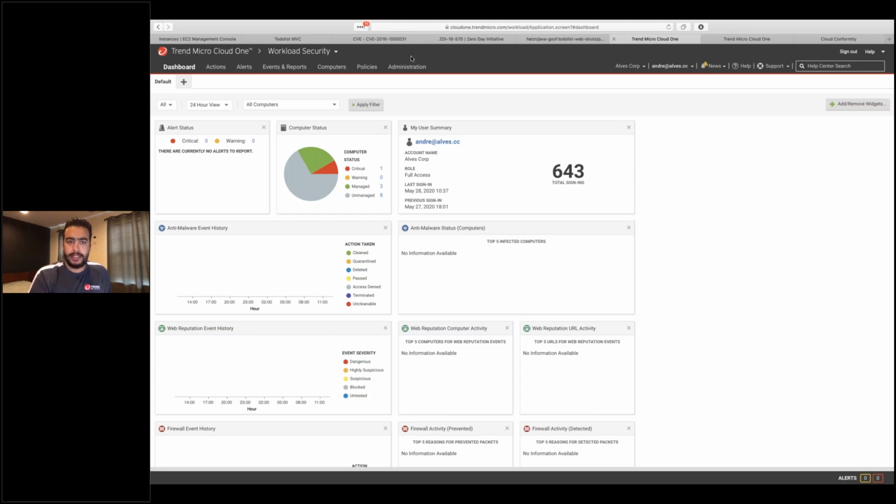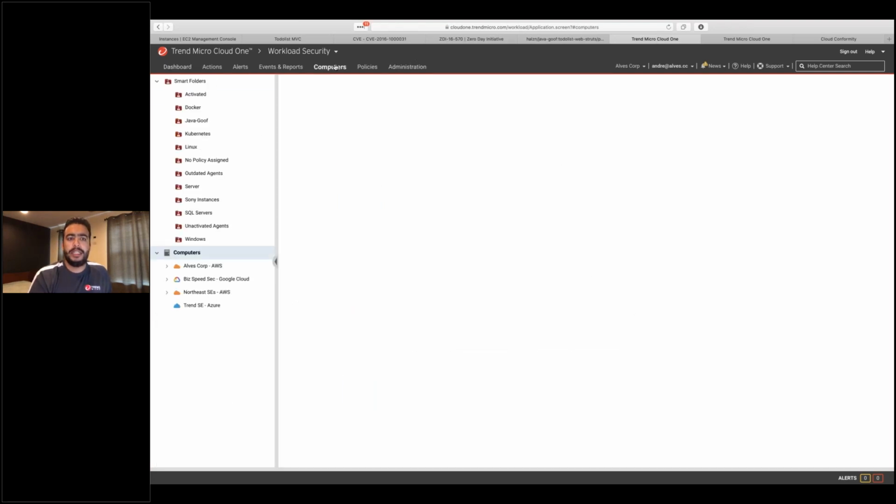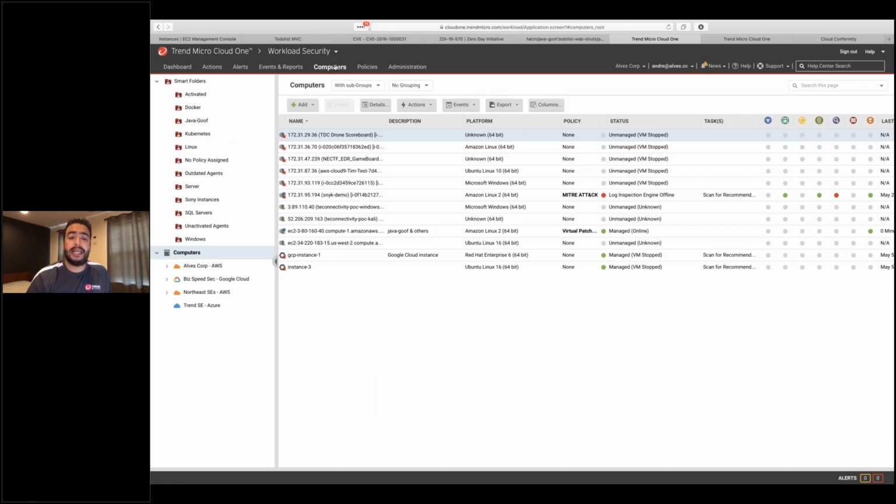Now I am able to count on a solution that's powerful enough to protect my cloud instances across different cloud providers. This workflow enables me to have instant visibility across an inventory of my instances across all the major cloud providers, AWS, Azure, and Google Cloud.